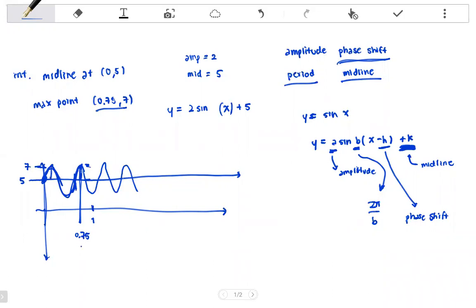So if we divide this into 4 parts, 1, 2, 3, 4. Let me draw this bigger. So right now we're starting here. This is our normal period, and we know that this maximum is 0.75.